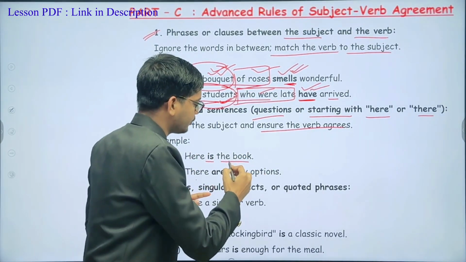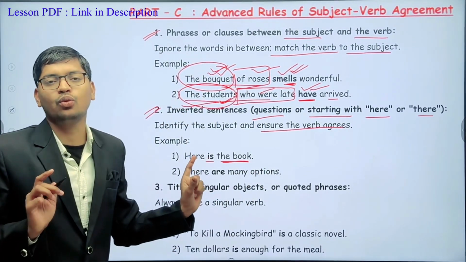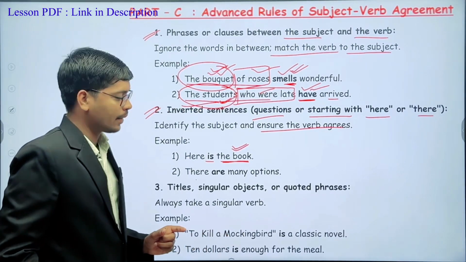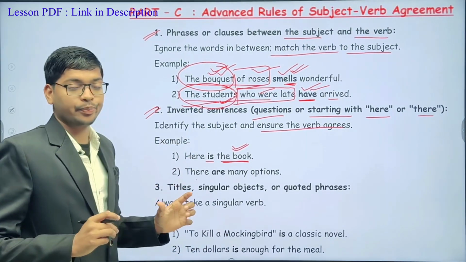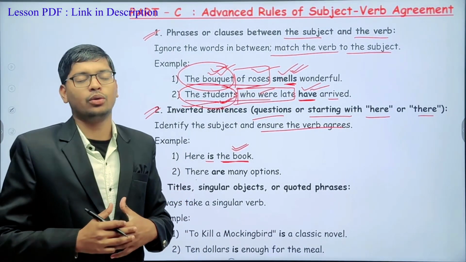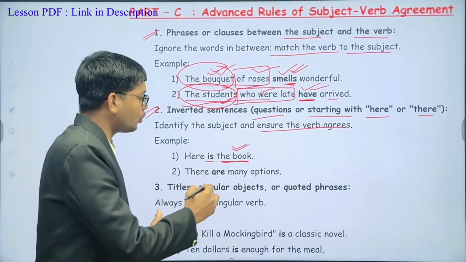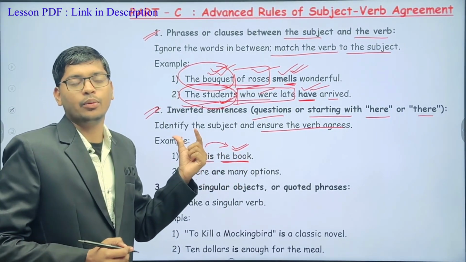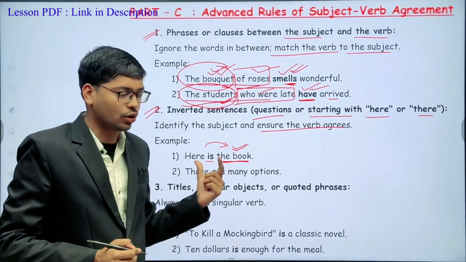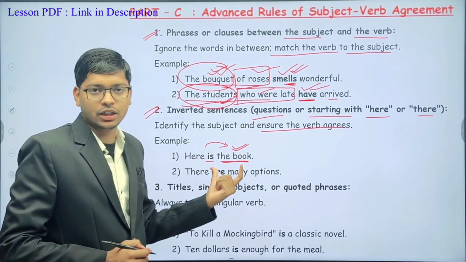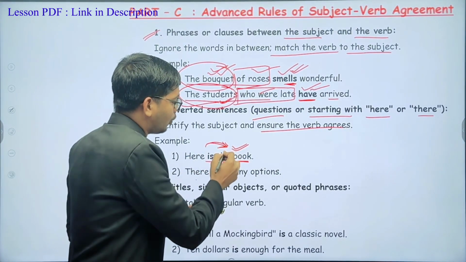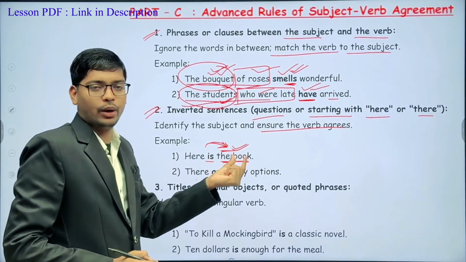The book here is a singular form. Here we have to use the verb according to the next nouns. Here "is" is according to the book.